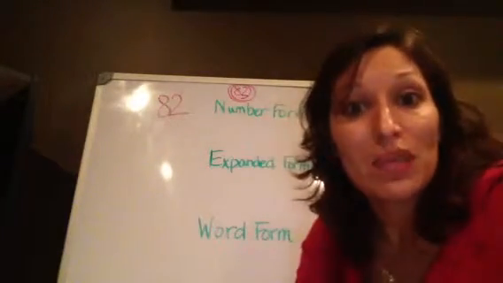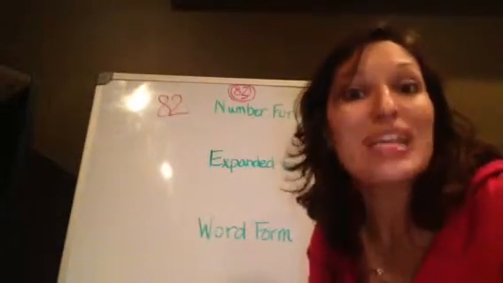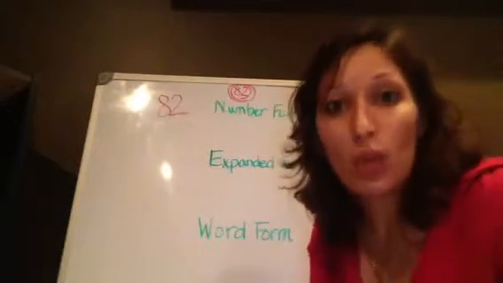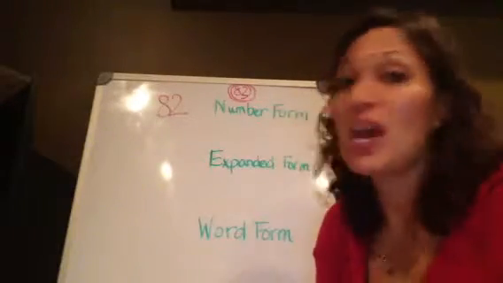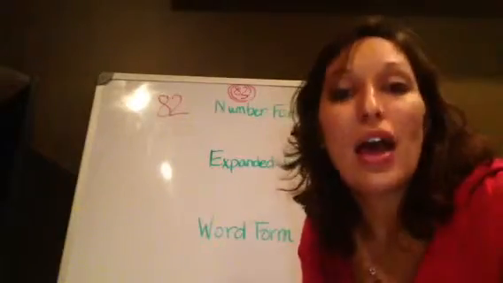So when we're writing something in expanded form, we are going to write it so we can see how many tens there are, how many ones there are, or how many hundreds there are if we're in a number greater than 100. But we're not. We're less than 100, so we're only talking about tens and ones.